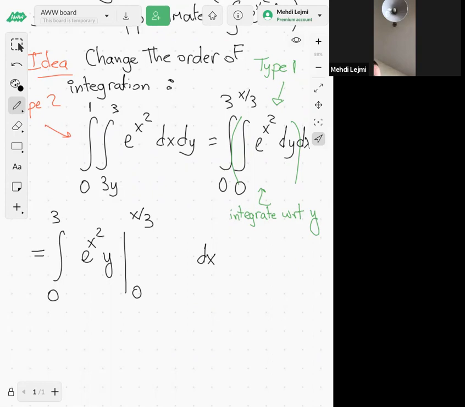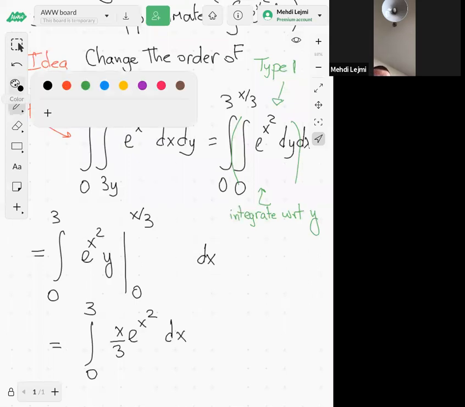So now you substitute y with x over 3, and then you substitute y by 0. Of course, you're going to get 0. So we're going to have just e to the x squared times x over 3. Now you see, I have an x in front of the e to the x squared.